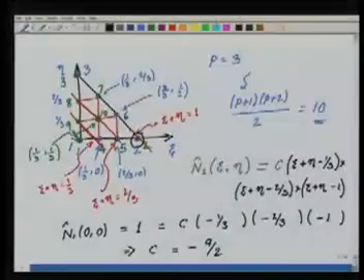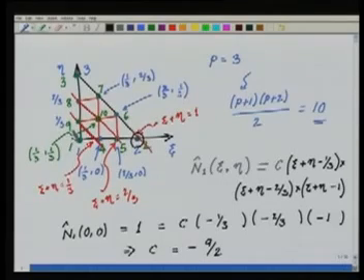Similarly, if I want to find n2, n2 is a function which is 1 at this point and vanishes at all other points. Now if it has to vanish at all other points, we'll play the same game. It simply means that it has to vanish along this line, this line, this line, and this line.